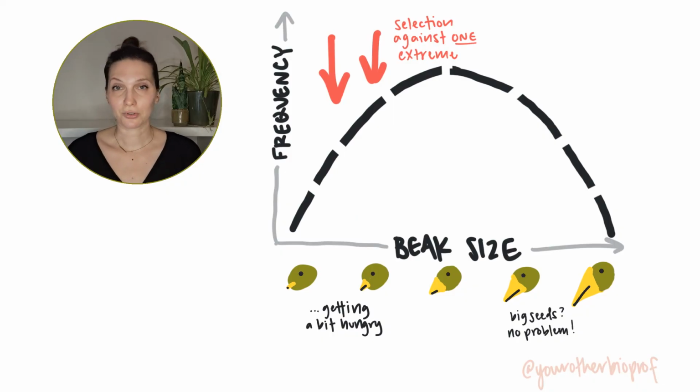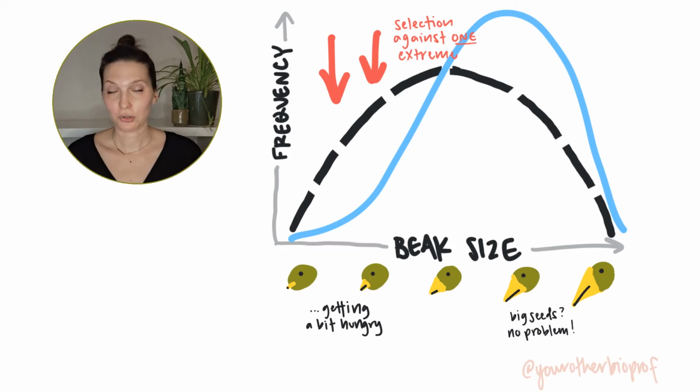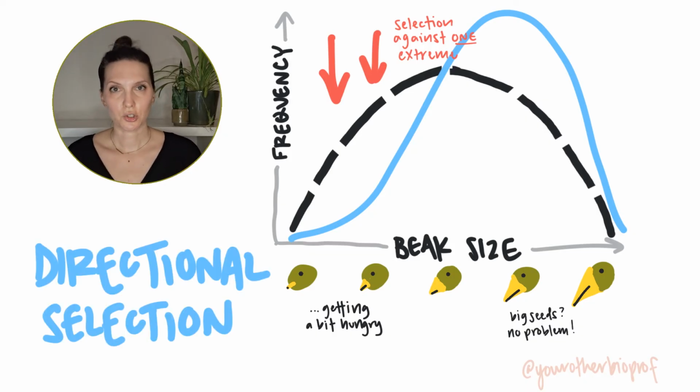That makes them more likely to survive and reproduce, passing on those big beaks to the next generation. This is going to shift our distribution to one side, here toward the side with the big beaks. This is directional selection. Here, one extreme phenotype, the big beaks in this scenario, is the best adapted.